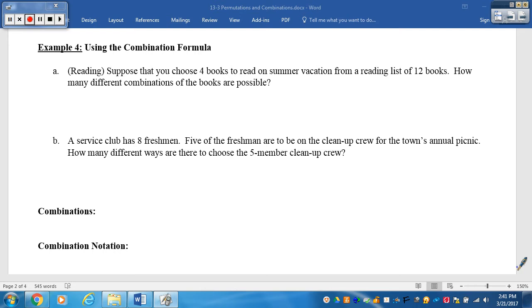Okay? And so in this case, when you're using a combination, it really doesn't matter. Let's actually go down and define the definition for a combination down below here. And so I would write this down: a selection of items in which order is not important.